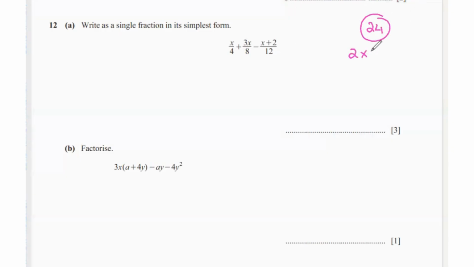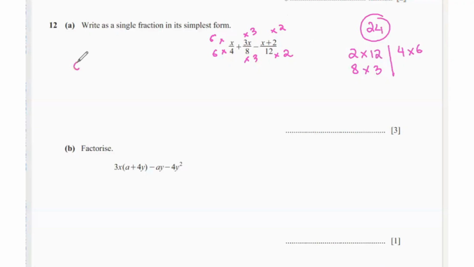We know 2 times 12 is 24. We know 8 times 3 is 24. And we know 4 times 6 is 24. That means we can convert the denominator into 24 by multiplying the first fraction by 6. Remember, both the numerators and denominators get multiplied by the number, not just the denominator. 3x over 8 gets multiplied by 3, and x plus 2 over 12 gets multiplied by 2.